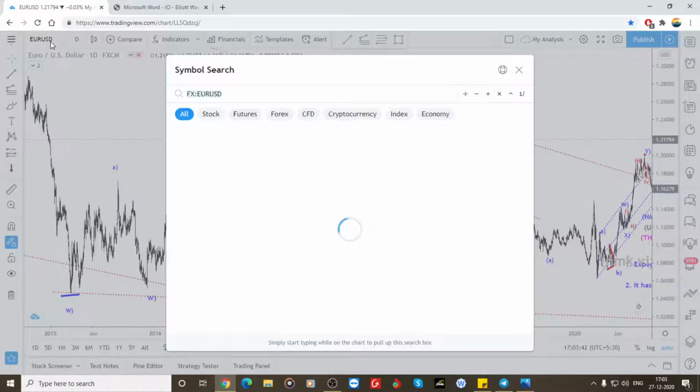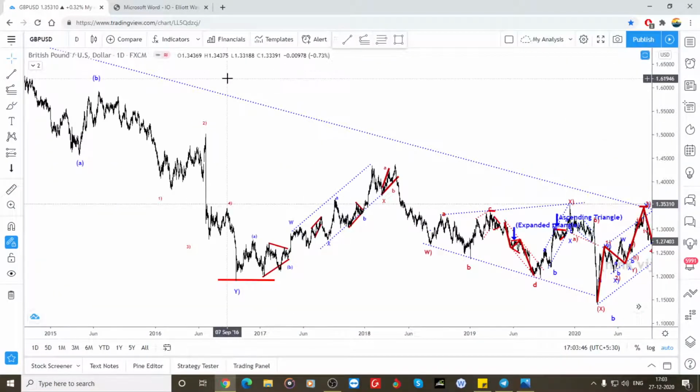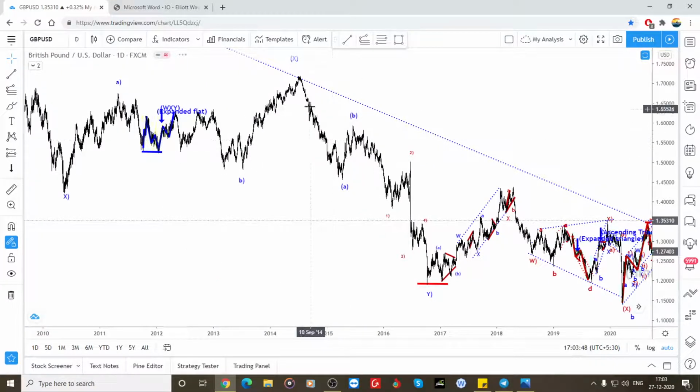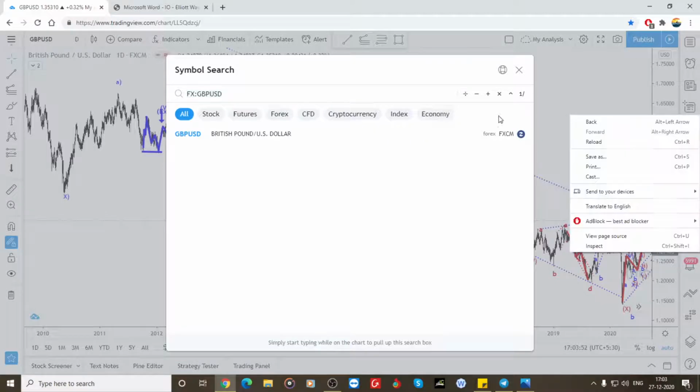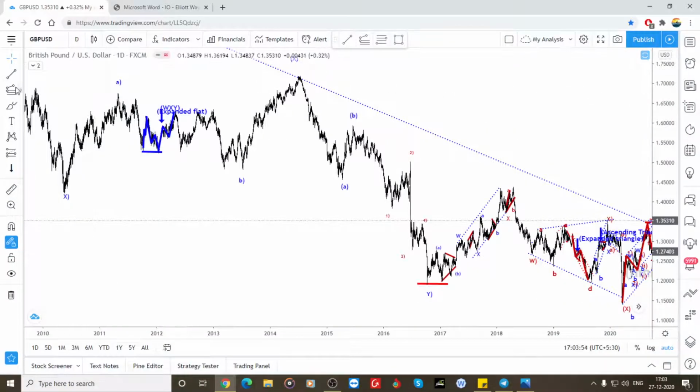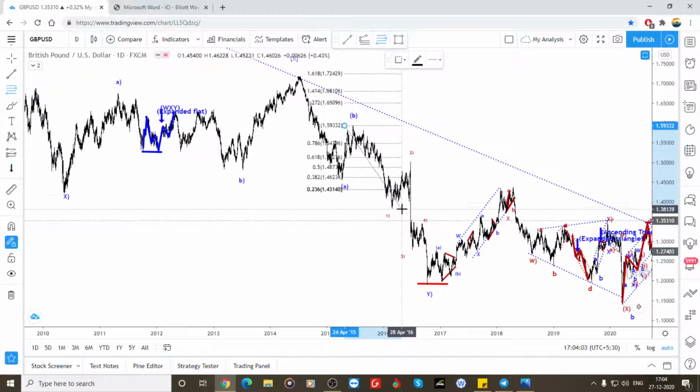So for example, we will see another one, GBP USD. First we will go for that retracement. So this is wave 1. You just calculate it, retest that 61.8.